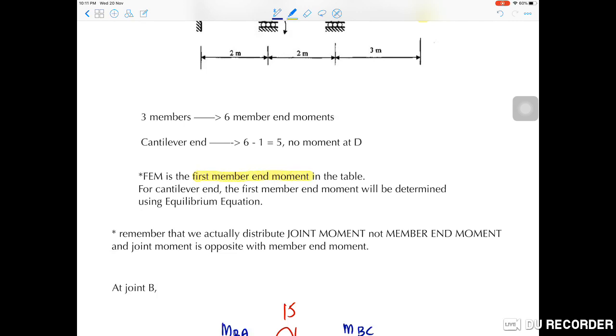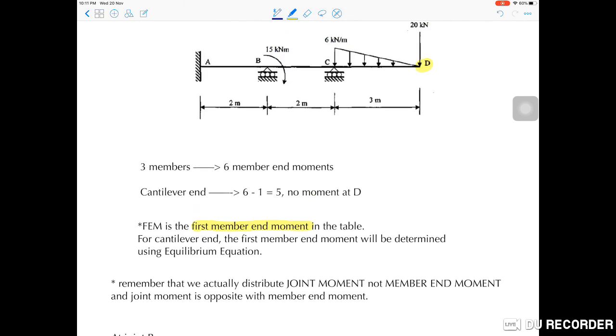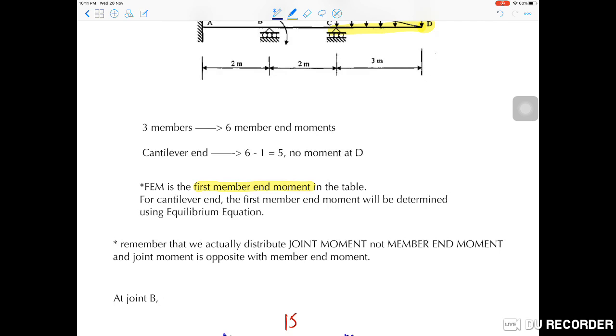For a cantilever end, the first member end moment will be determined using the equilibrium equation for the cantilever end. Please remember that we are actually distributing joint moment, not member end moment, and joint moment is opposite to member end moment. Please remember this.